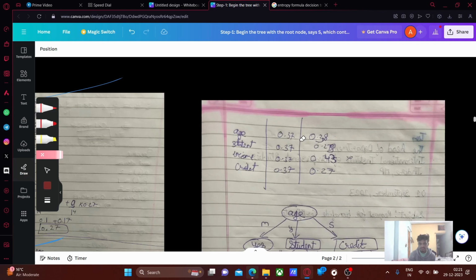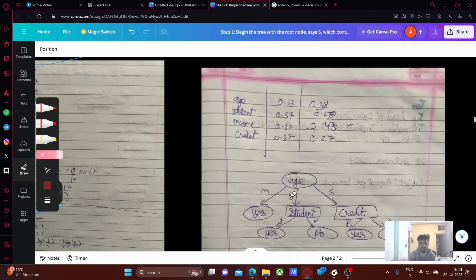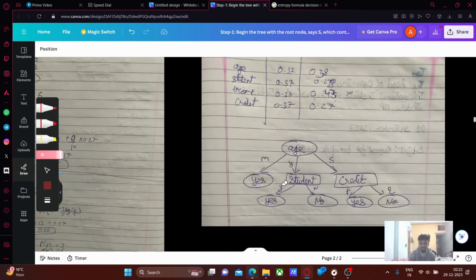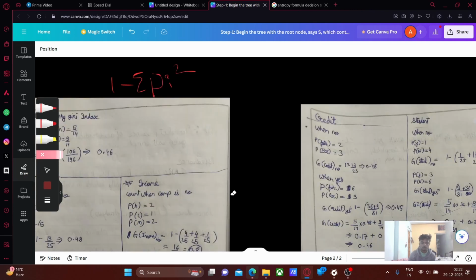And in this, the age attribute will have the smallest information gain, so age will be our root node, and from age there are 3 possible choices: middle age, youth, and senior. As middle age is terminating, we will terminate it, and for student and credit we'll repeat the same process. We'll again create the table and see how the decision tree will be formed.